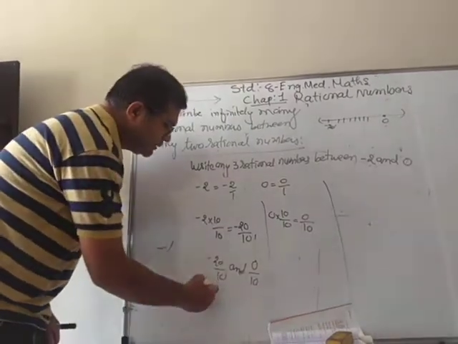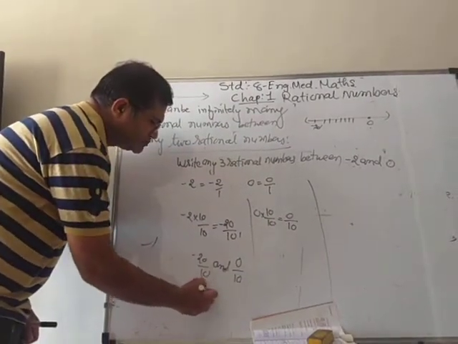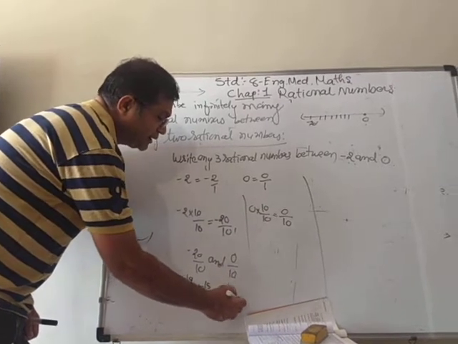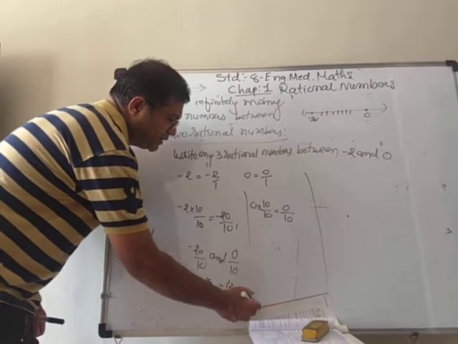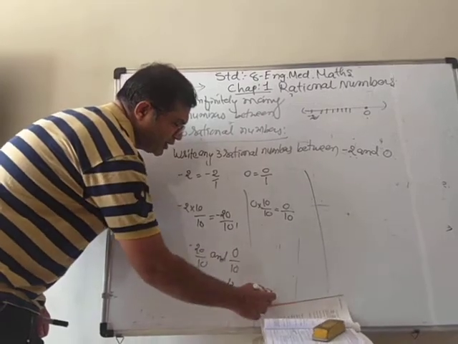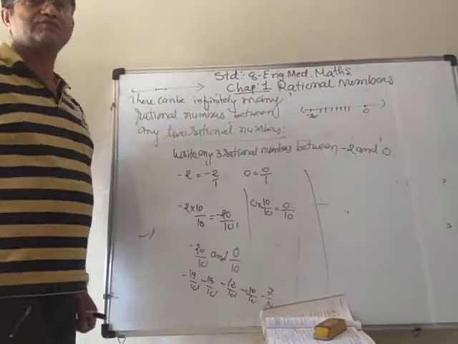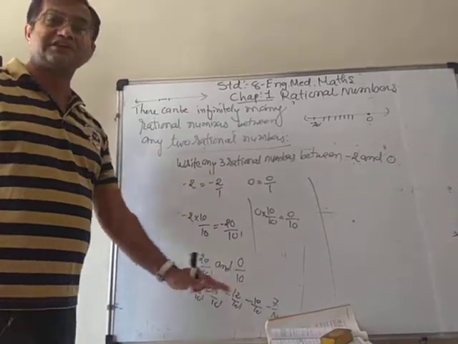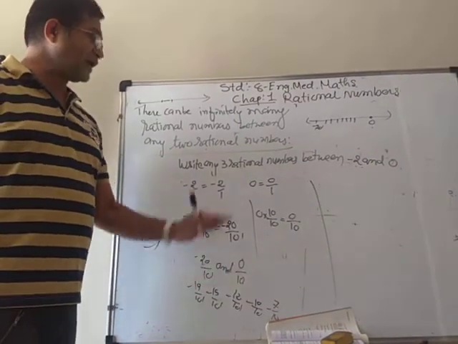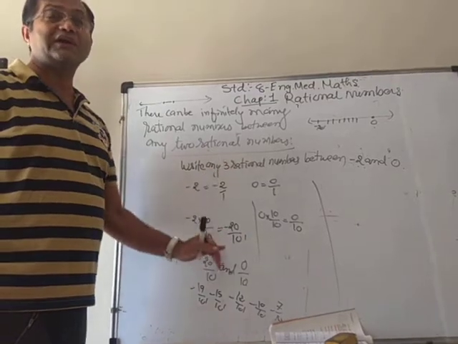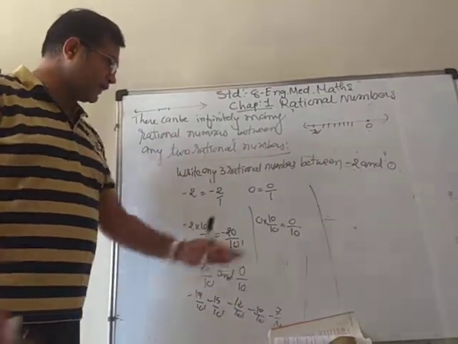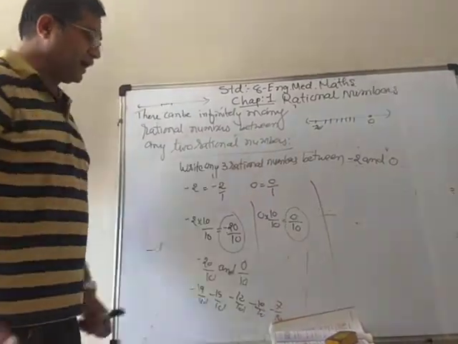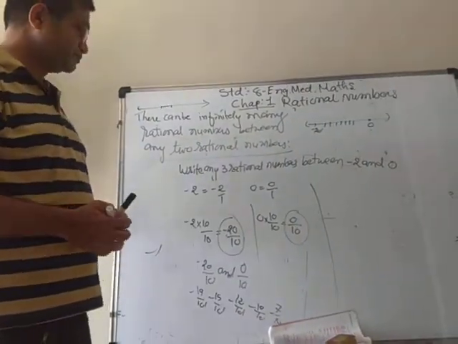So you can say -19 upon 10, -15 upon 10, -12 upon 10, -10 upon 10, -7 upon 10. All are between them. If 3 are asked, you can write any 3 rational numbers. If 5 are asked, you can write any 5 between -20 upon 10 and 0 upon 10.